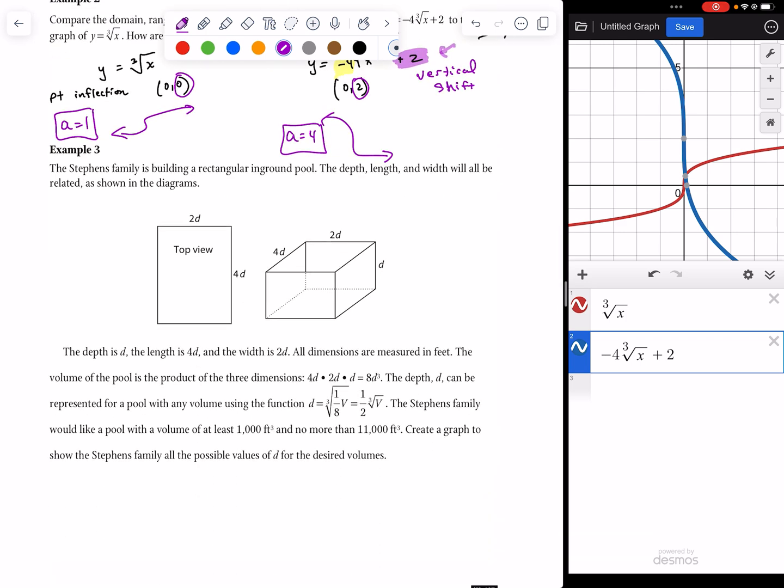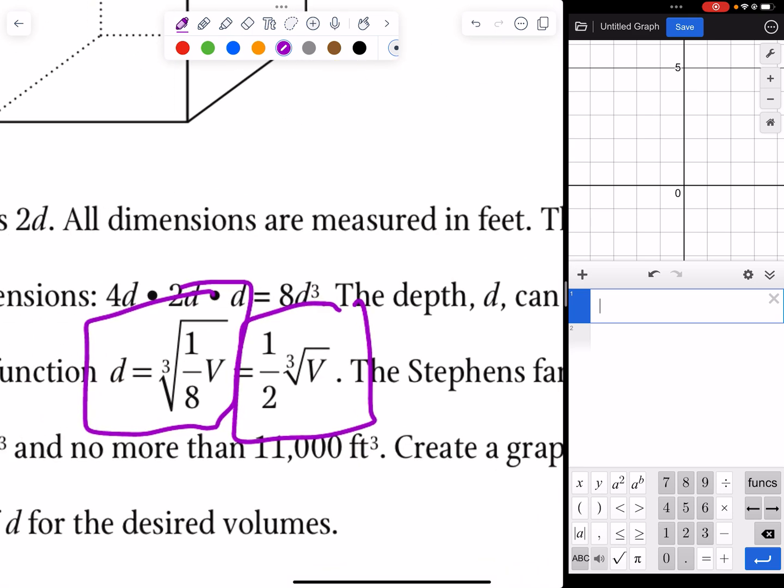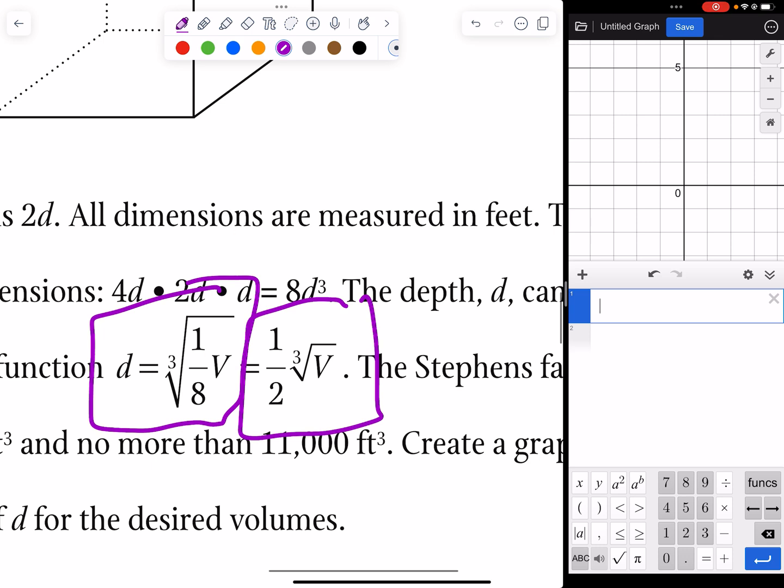Guys, these two things are the same thing, so you don't have to type them both in. The third root of 1/8 is 1/2, so 2 times 2 times 2 is 8.